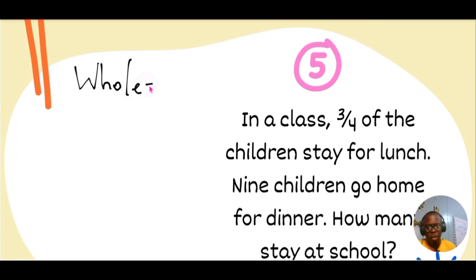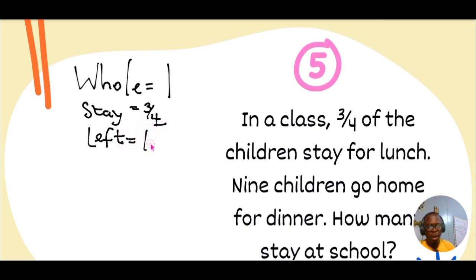The whole is 1. So those ones that stay, we have 3 over 4. And we also need the fraction of those ones that left. So those ones that left will be taking away the fraction of those that stayed away from 1.